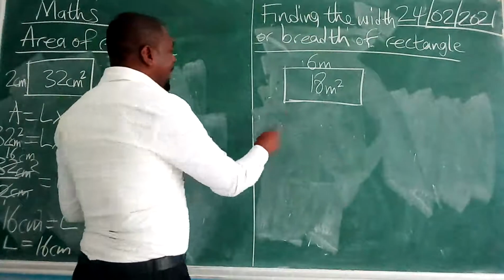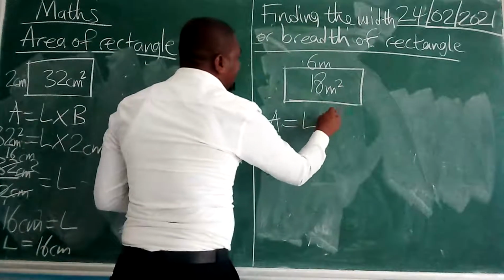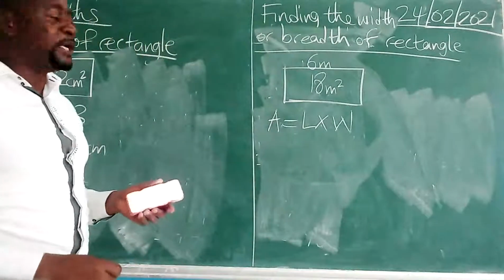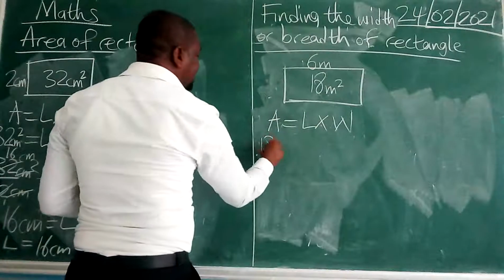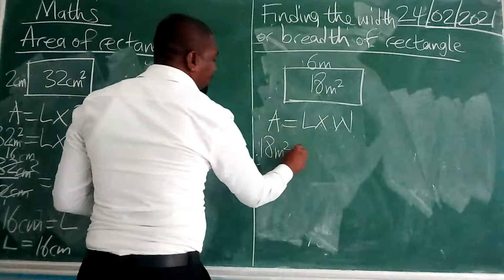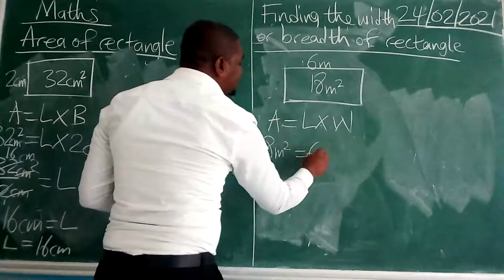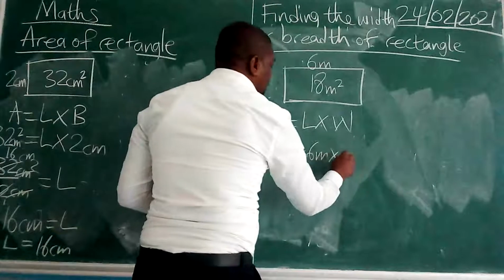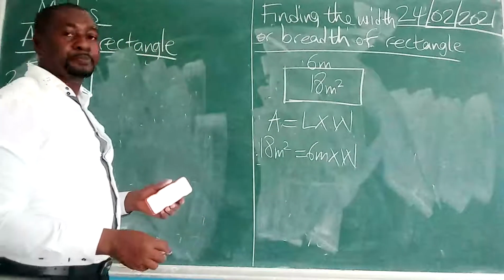So the same thing, we write area equals length times width. The area is 18 meters square. The length is 6 meters. And then the width, there's no number, so we have to find it.